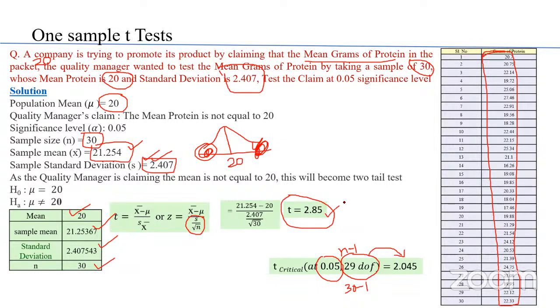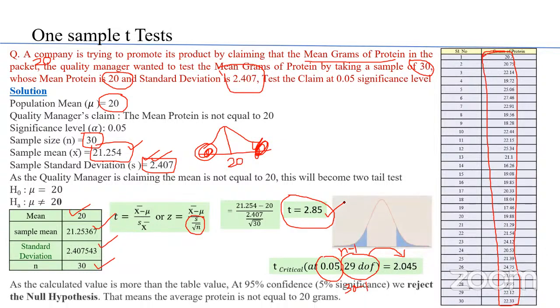As the calculated value is more than that in the positive direction, what will we do? We reject the null hypothesis. That means the average protein is not equal to 20 grams. Because even if you get more protein, there is something called proteinuria. I hope you might know this term, right? Proteinuria.